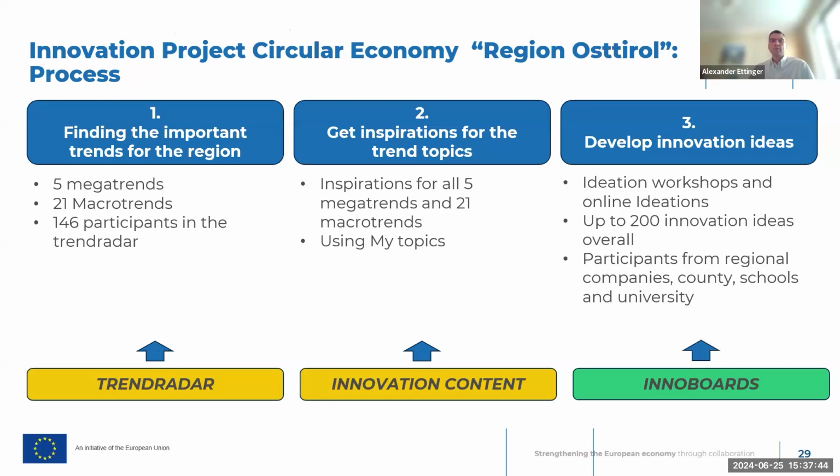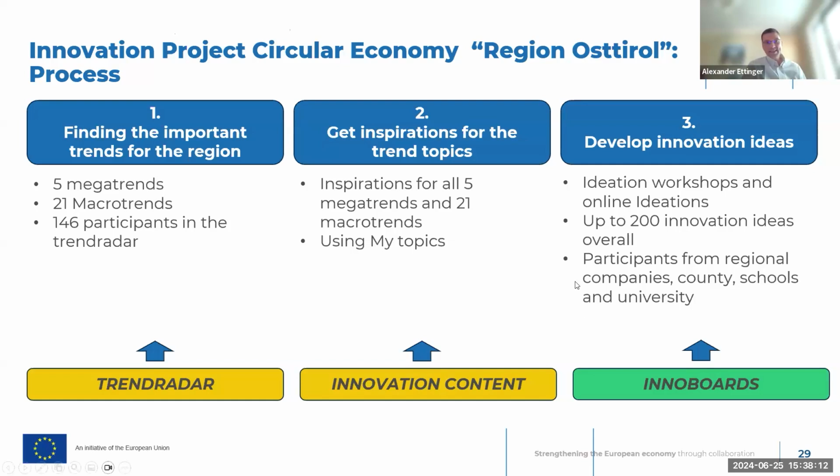They developed up to 200 innovation ideas overall. And the participants from regional companies, from county, from schools and universities found a really interesting couple of ideas. And some of them have been selected and some of them are already in the step that projects are developed and they're going to try to develop these ideas.